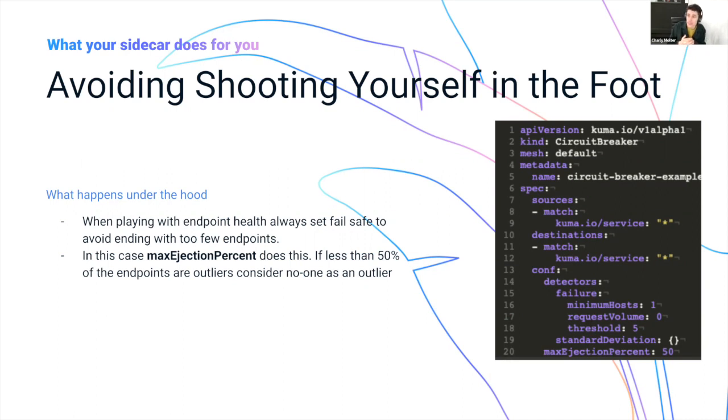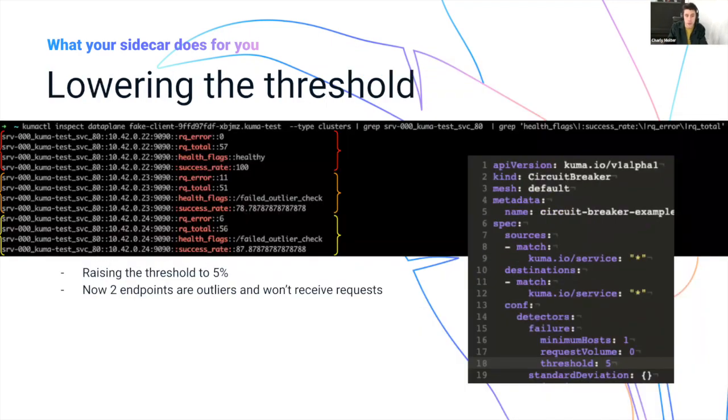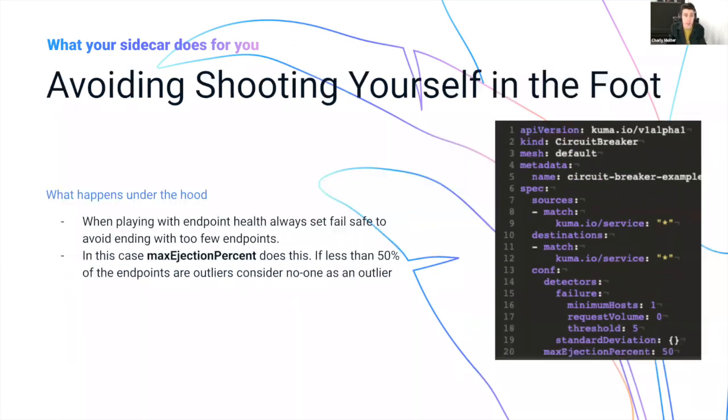So in our previous example, where 2 instances out of 3 are out, our outlier check will be completely ignored. This can save you from a small outage getting even worse because of a bad outlier check.